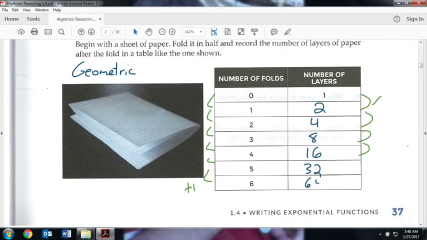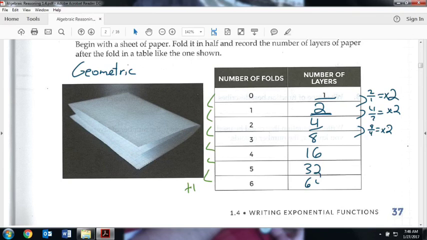If it's not readily apparent, what you do is take the previous one, so 2 divided by 1. That's 2, so times 2. 4 divided by 2 equals 2, so that one's a multiplier of 2. 8 divided by 4 is also 2.